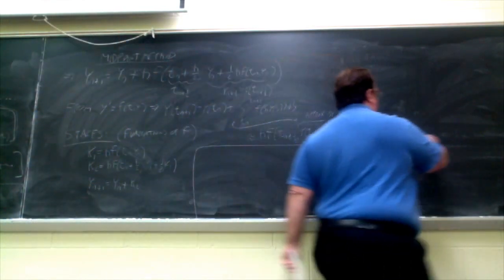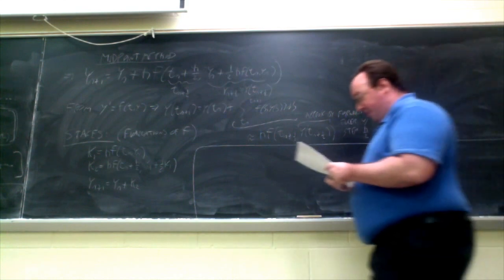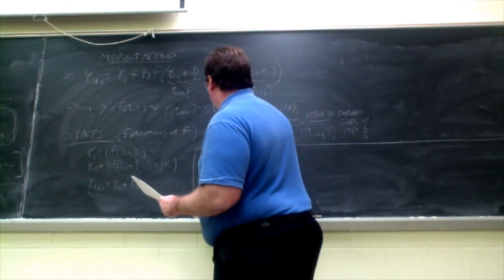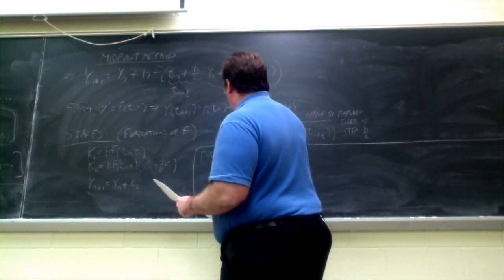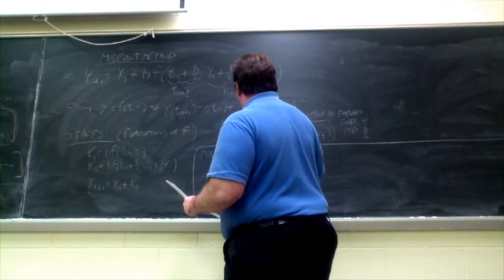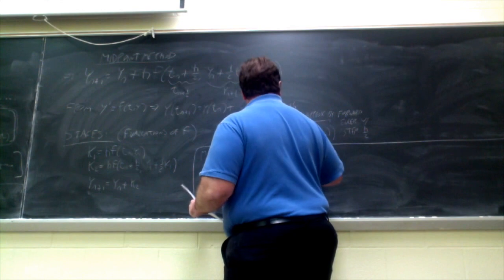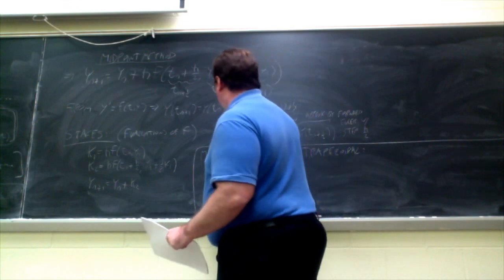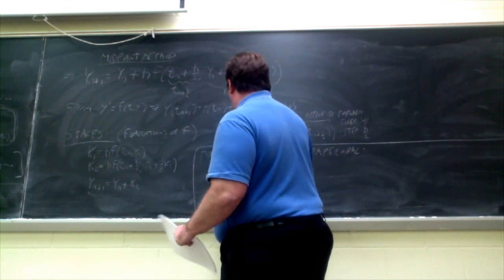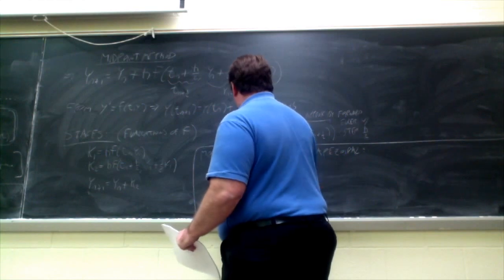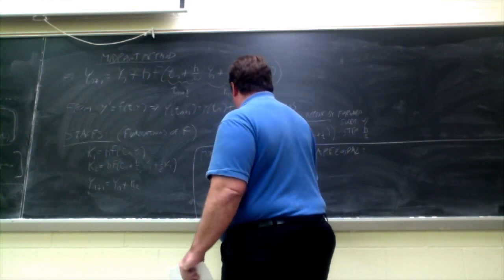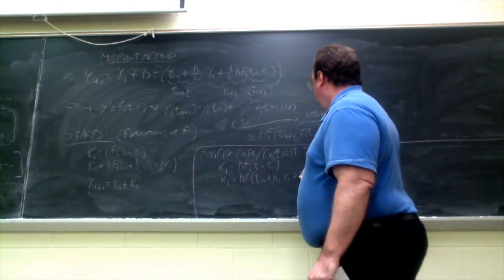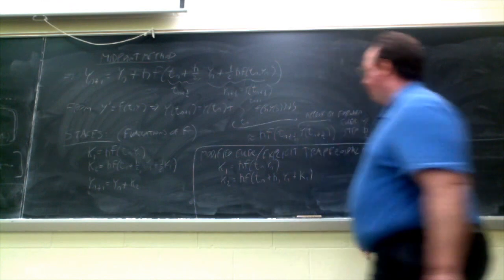Now, just so you can see the contrast, the modified Euler method, also known as the explicit trapezoidal method, can be written a similar way. So K1 is h f of tn, yn. K2 is h f of tn plus h, yn plus, instead of 1/2 K1, we just use all of K1.